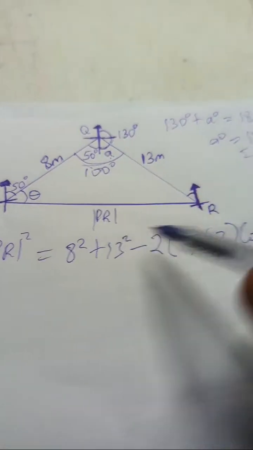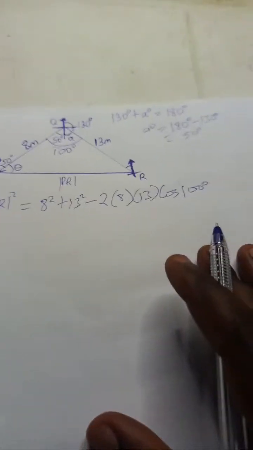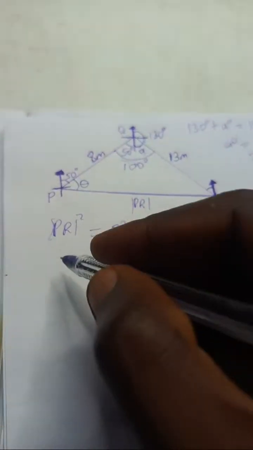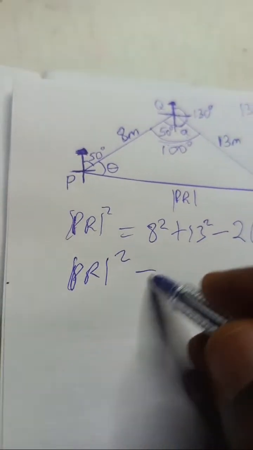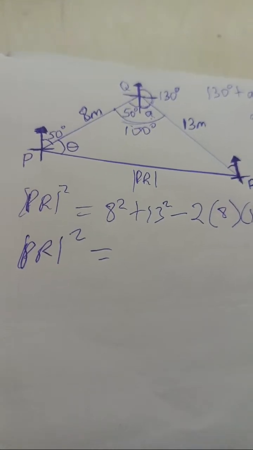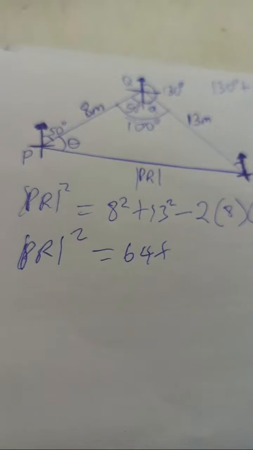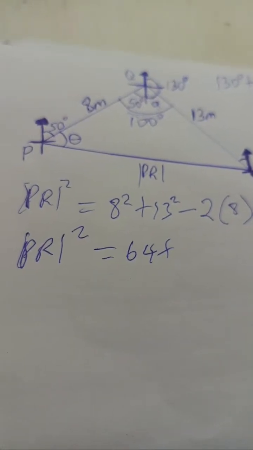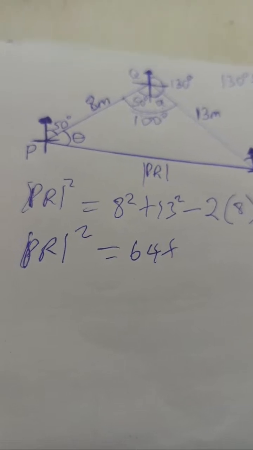Now, what is the angle facing here? That's cos 100 degrees. So from there, PR squared will give us 8 squared, which is 64, plus 13 squared.